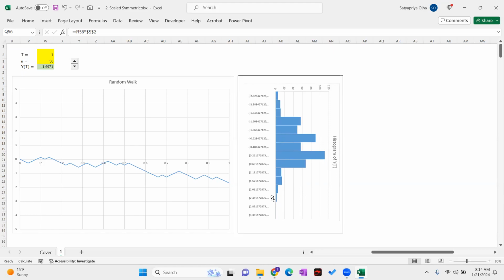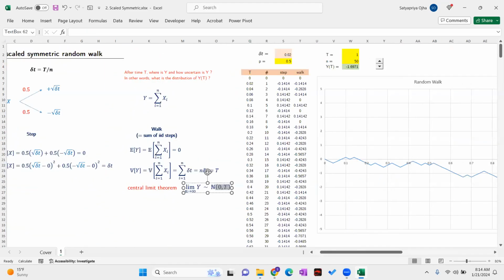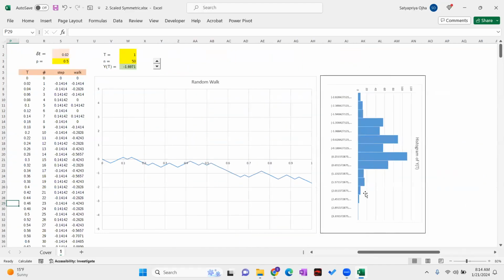But the variance is still contained as 1, because capital T is 1. So the variance of the process would still be 1. Okay, with more number of steps, I can make it look more and more like a normal distribution. That's all. The variance is not exploding because capital T is fixed.